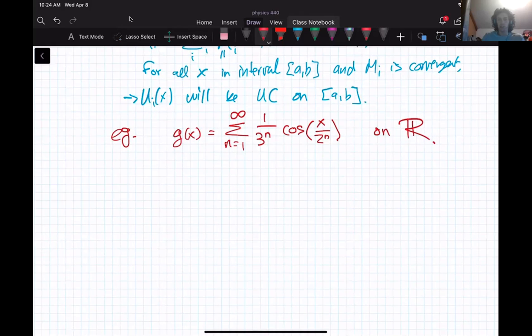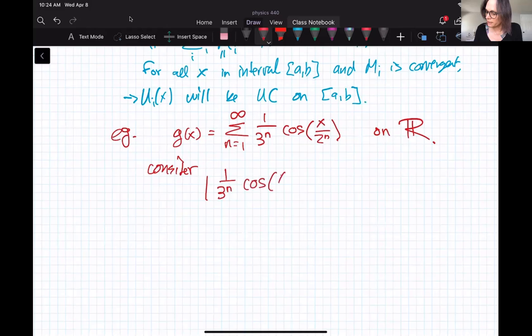You could just use 1 over 3 to the n. Yes. So if we consider that the absolute value of 1 over 3 to the n times cosine of x over 2 to the n is always less than or equal to 1 over 3 to the n, that suggests that we can use m sub n as 1 over 3 to the n.